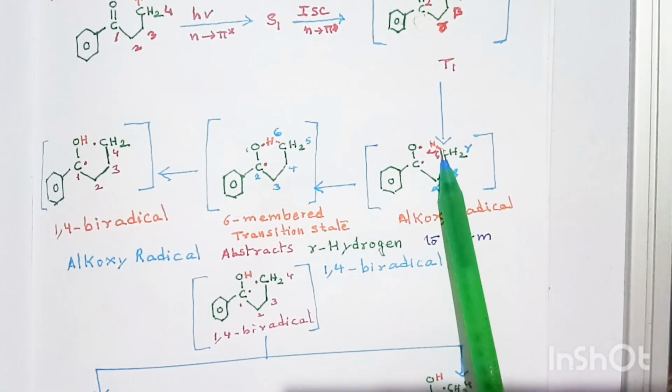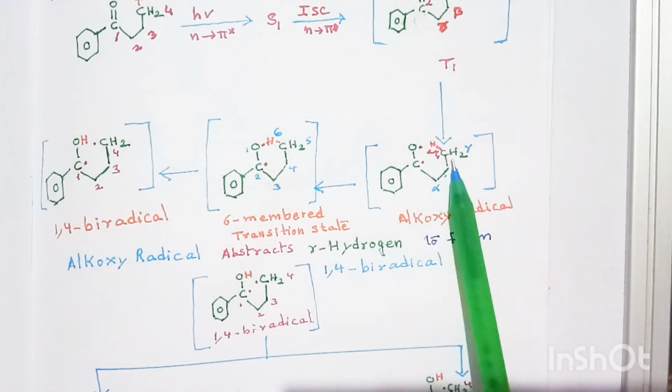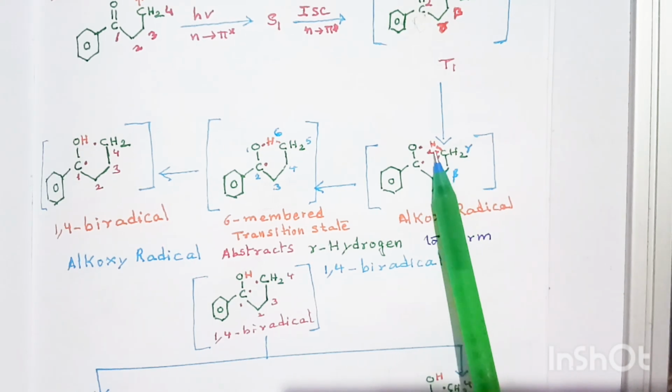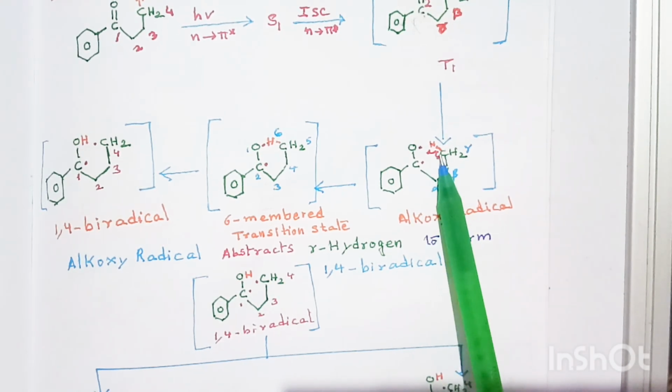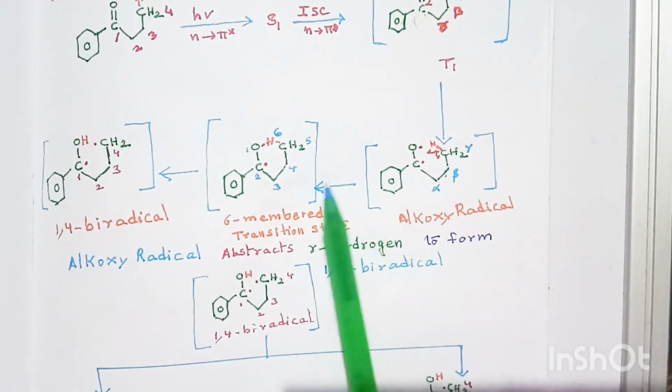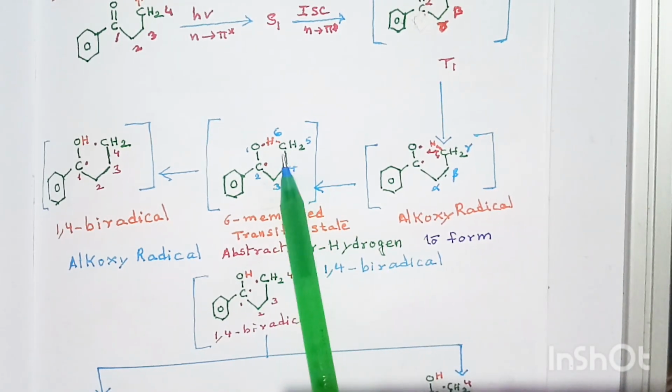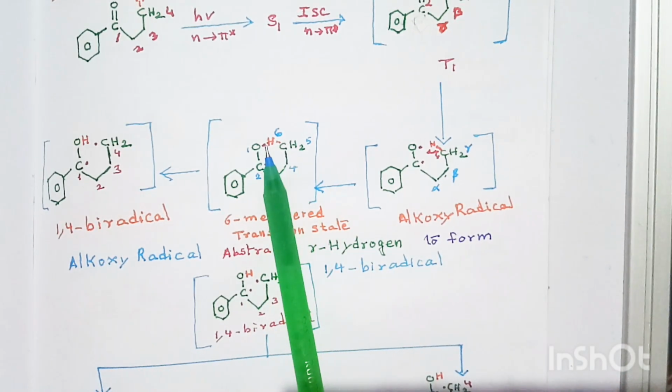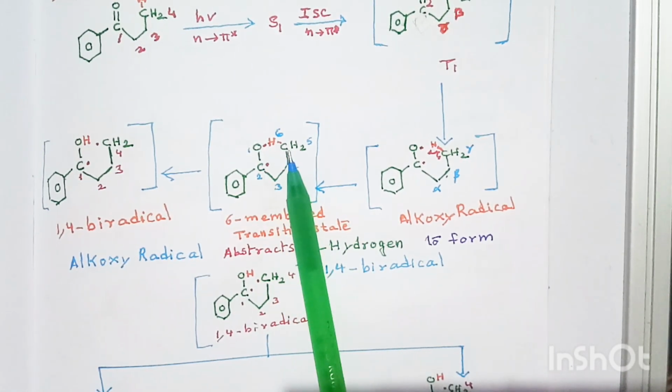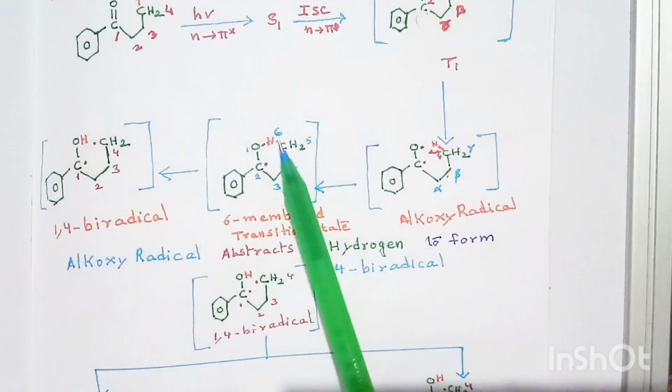Meantime, the bond between gamma carbon and gamma hydrogen starts cleaving. As a result, this gamma hydrogen is attached partially to oxygen and partially to gamma carbon.